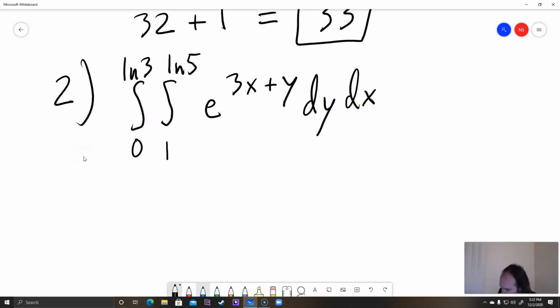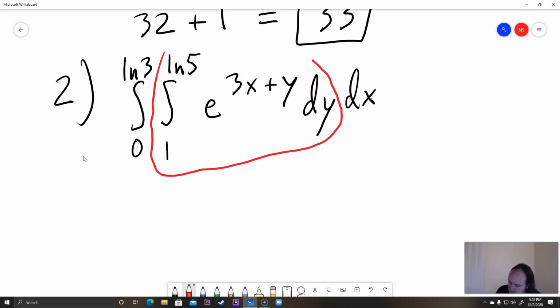And just in case you're not used to it yet, I'll circle the inner integral. And because that's the inner integral, these limits of integration for the inner integral are with respect to y. So the inner integral is going from y equals 1 to y equals ln of 5.